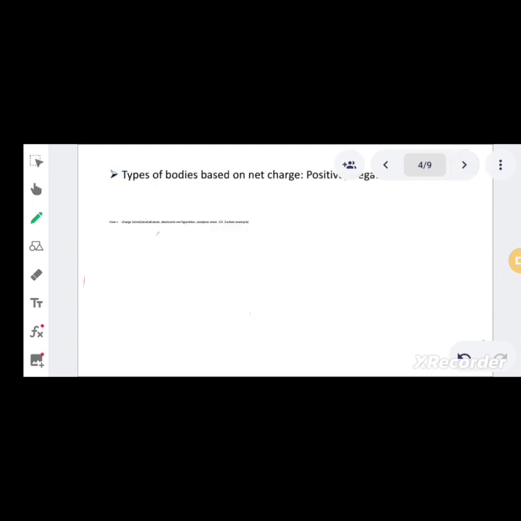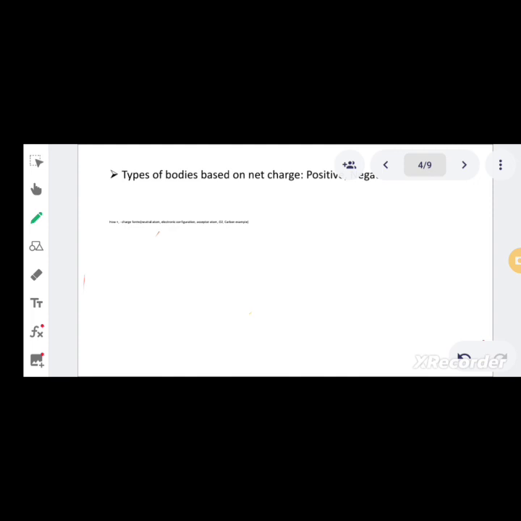Then we have types of bodies based on net charge: positive, negative, and neutral. Let us first understand how positive and negative charges arise.